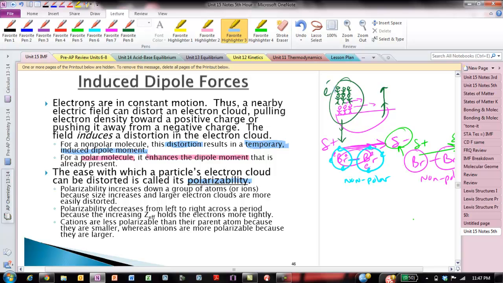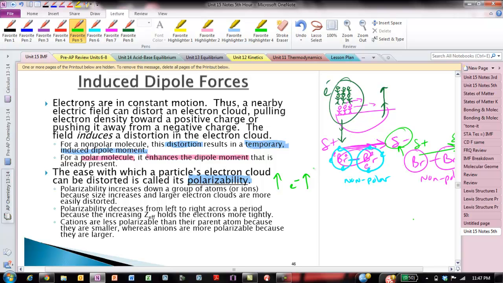And so you've got to know that polarizability goes up as electrons go up. As the number of electrons goes up, the more likely it is that they're going to have an overload that matters, that's going to cause a positive or negative.